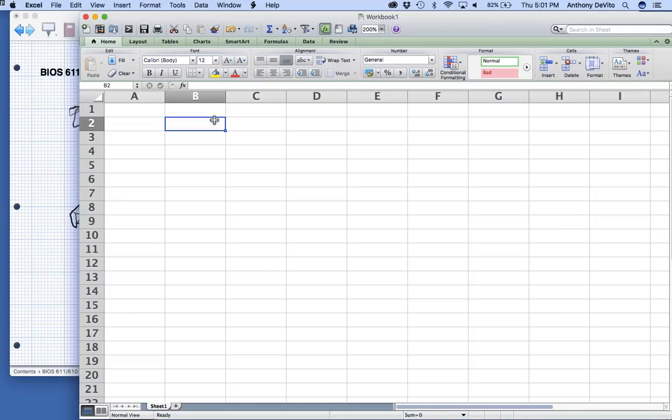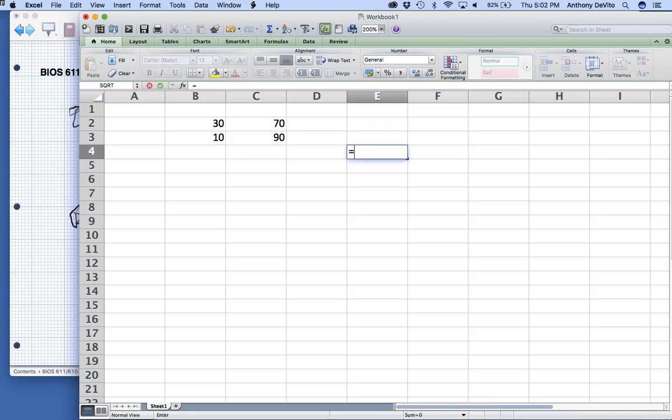So in other words, if I were going to recreate what we just did, 30 and 70 and 10 and 90 for our table, there's a function here, equals chi-square, parentheses, chi-square dot distribution, parentheses.